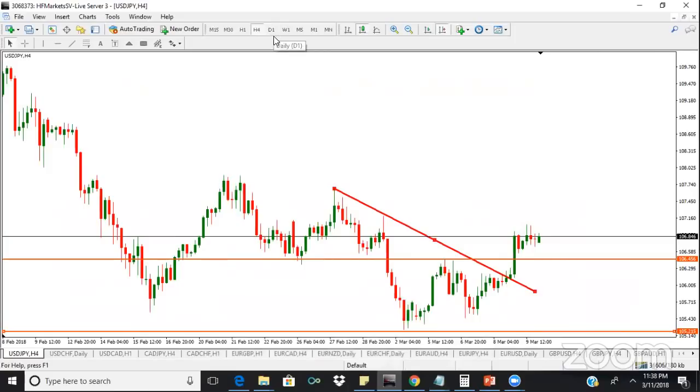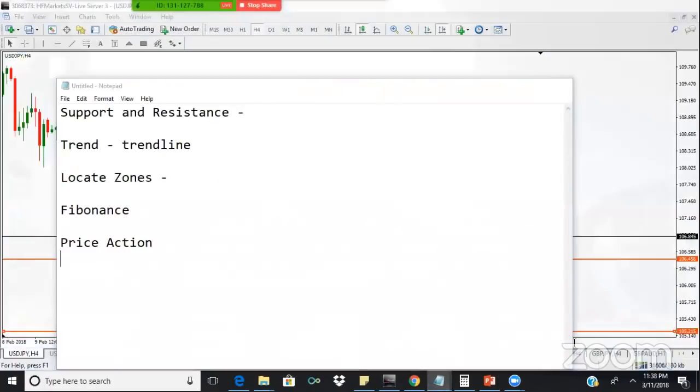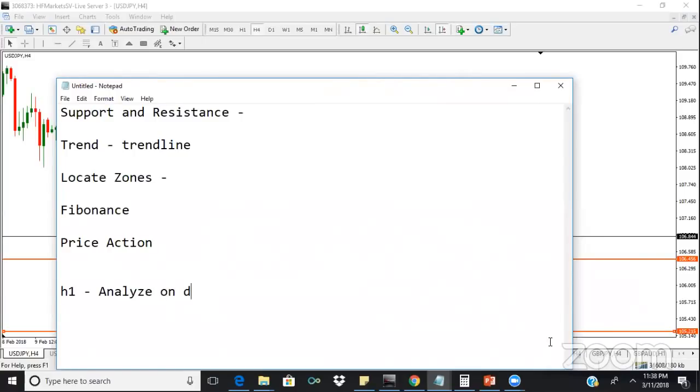If you're going to be trading on 1 hour, you will analyze on daily. If you're going to be trading on 4 hours, you're going to analyze on weekly.